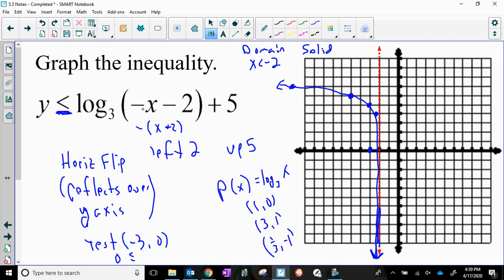When I put in the -3, that's going to become 3 minus 2, or log base 3 of 1, which we know is 0. And we have this plus 5. So yes, 0 is less than 5. That is a true statement. That means that test point that we use should be in the shaded region. So we're going to shade this region right here.